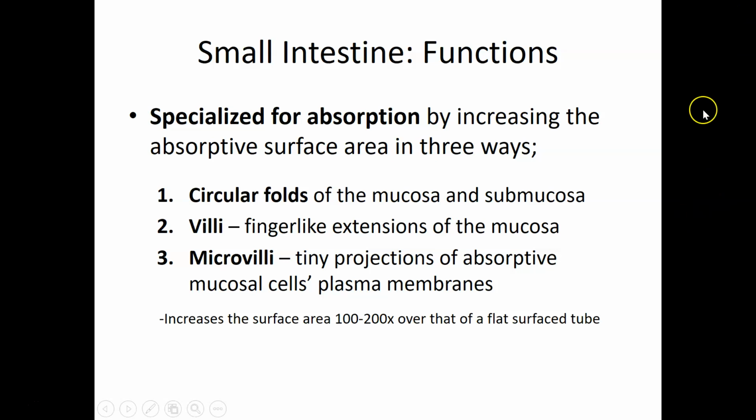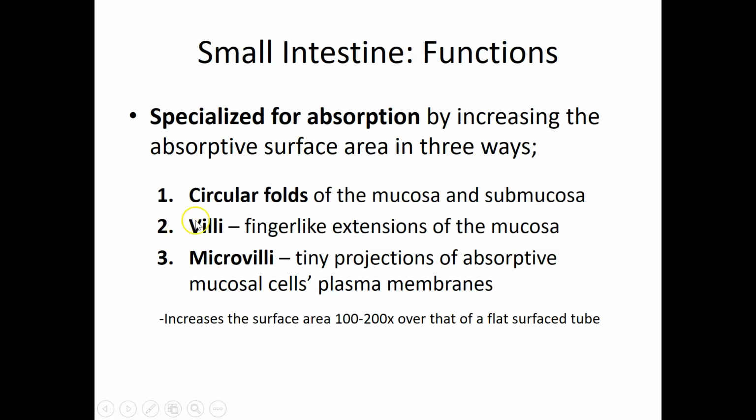So the three main ways that the mucosal epithelium is modified to increase surface area are shown on this slide. There are circular folds. We're going down this list from large to small structures. Circular folds of the mucosal and submucosal layers protrude into the lumen of the small intestine.